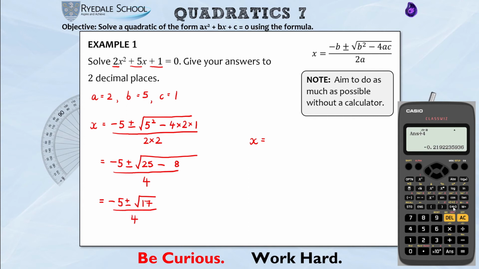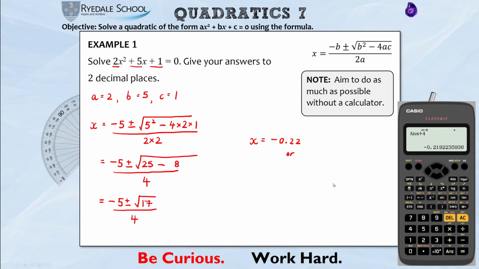Wow, what is that to 2 decimal places? Well, I've got 0.21, but after the 1 is a 9, and that's telling me to round it up, -0.22.